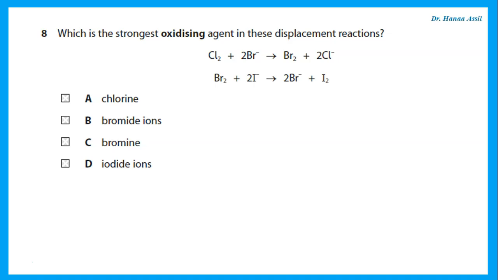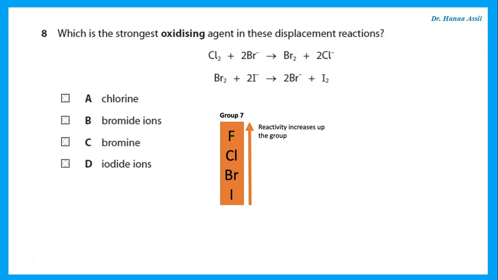Which is the strongest oxidizing agent in these displacement reactions? Of course, oxidizing agent means something that gets reduced. And we know that in group 7, the more reactive element is the one on top. That is the one that has more ability to gain electrons from the other substance, and that means it oxidizes that other substance.